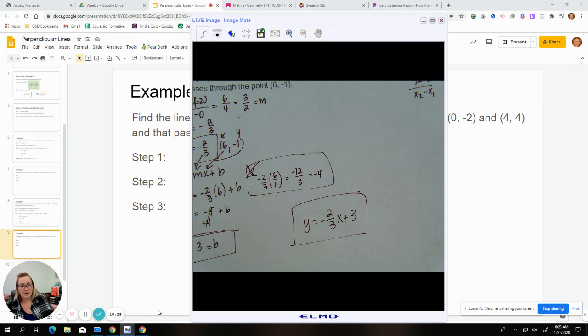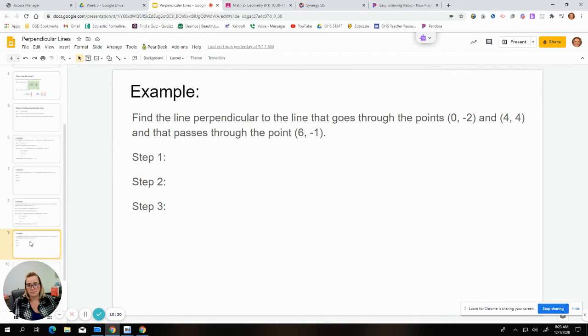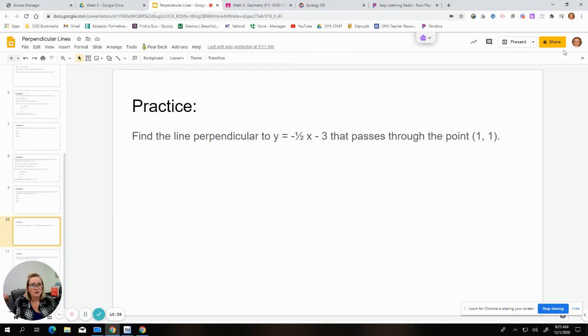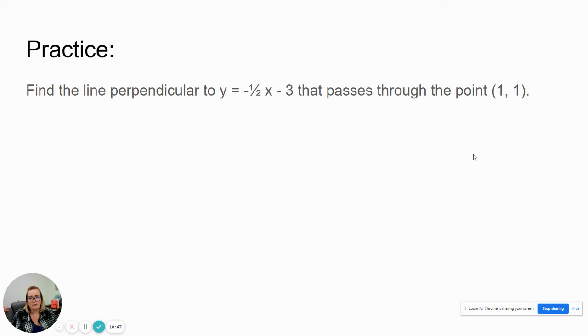Okay, so I'm going to have you guys do a little bit of practice on each type of these problems, so that we can hopefully feel a little bit more confident before we get into our assignment. So here's the first one. It's just like that first problem that we did. Find the line perpendicular to y equals negative 1/2 x minus 3 that passes through the point 1, 1.